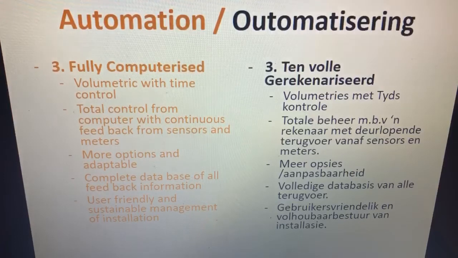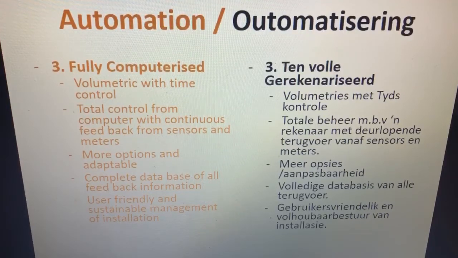What that means is you've got sensors and meters in your soil, and they determine the shortage of water in your soil at any given time. So that's maybe using a neutron meter or any of those kinds of systems.